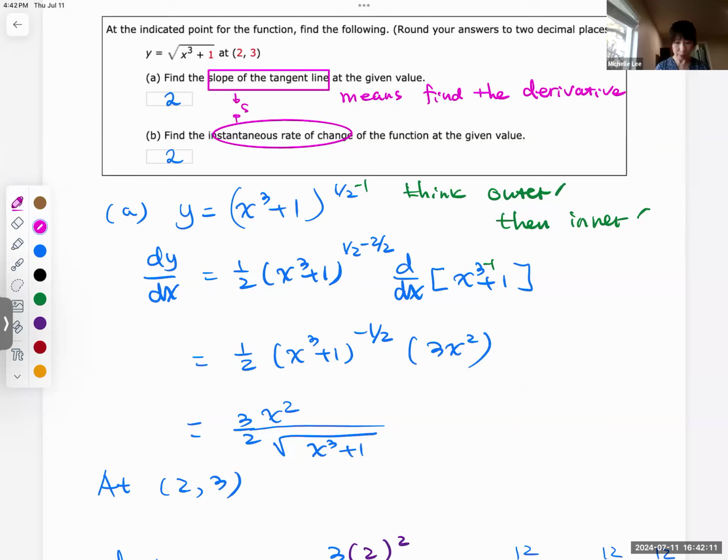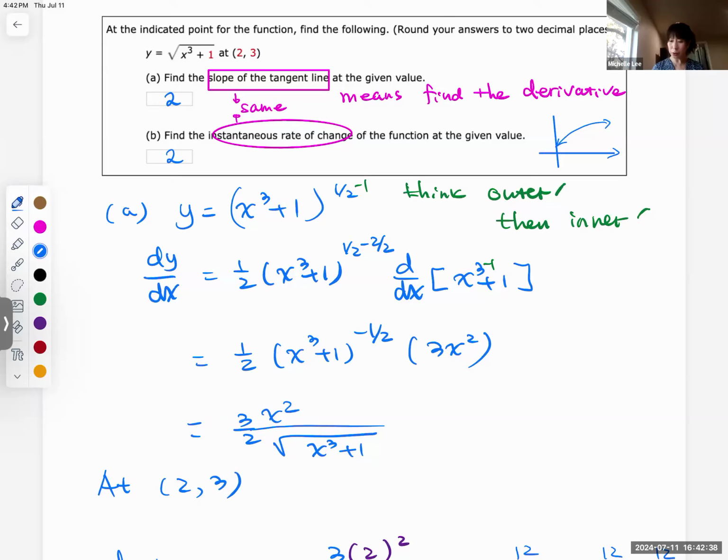Same as y prime, same as the derivative, right? Okay, let me quickly draw. So this means we have a function. It looks like this.